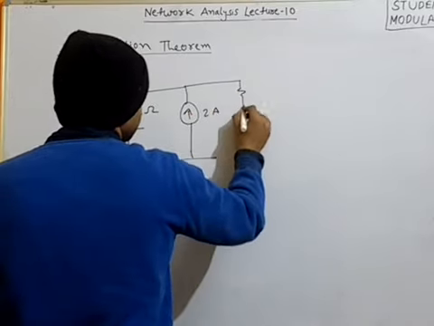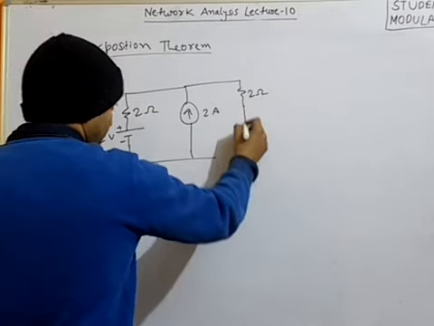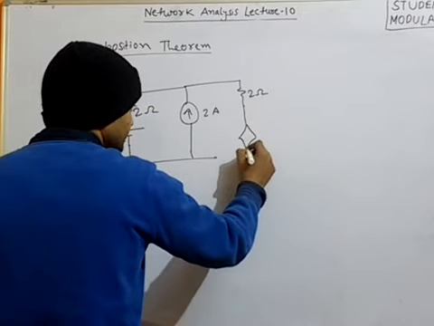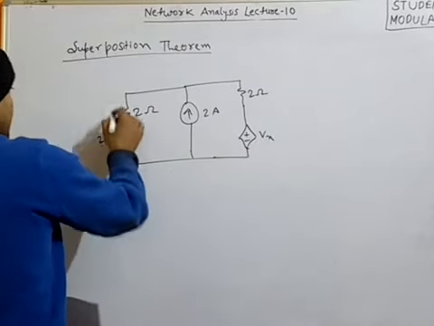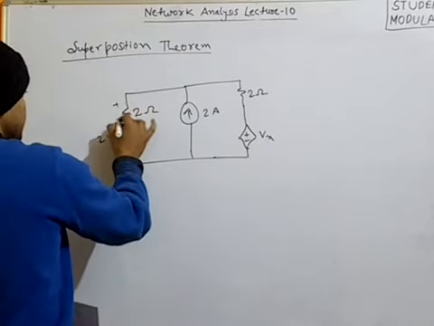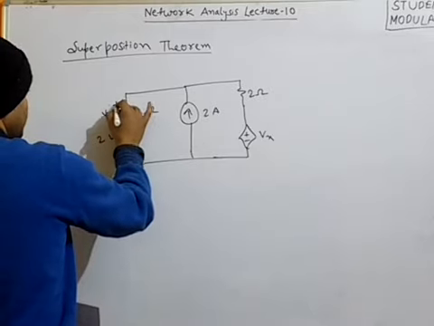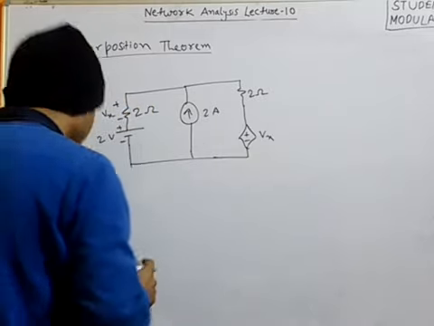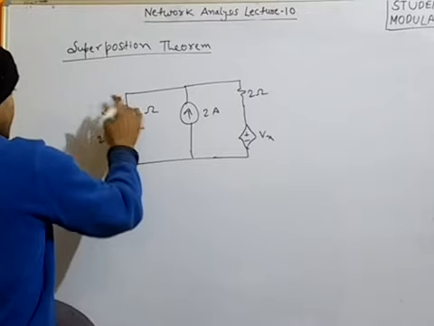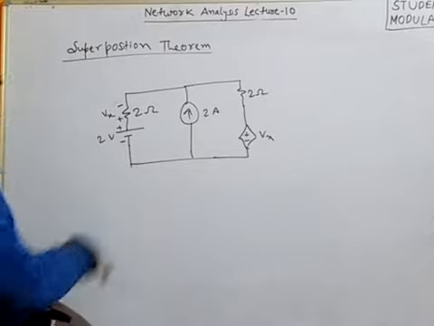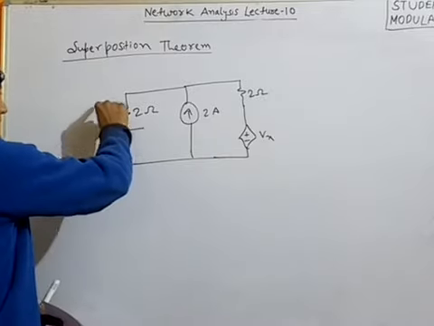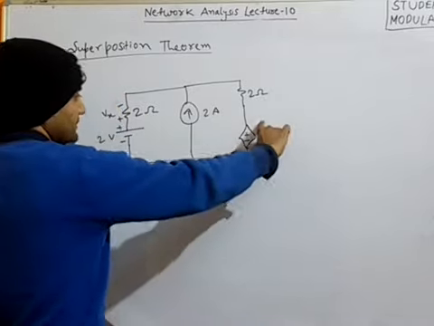Lastly, here is another 2 ohm resistor, and there is one dependent source Vx. Here Vx is the drop across the 2 ohm, with plus and minus polarity. So whatever the drop across the 2 ohm will be, the same voltage will appear here.